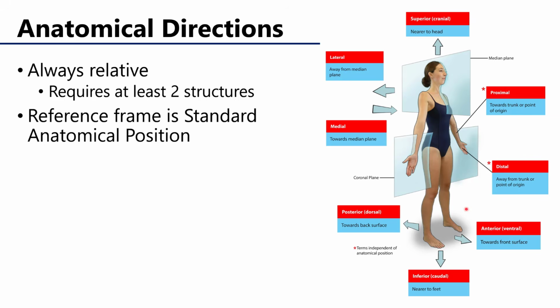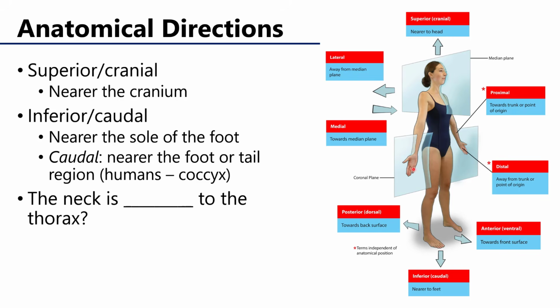We can have anterior versus posterior. Or we can have proximal versus distal, as well as superficial versus deep. So let's take a look at these directions and give some examples.